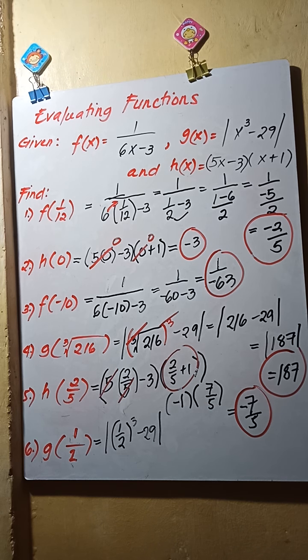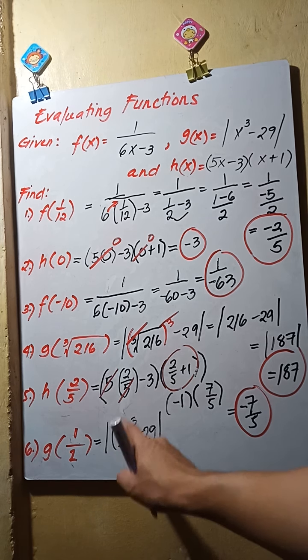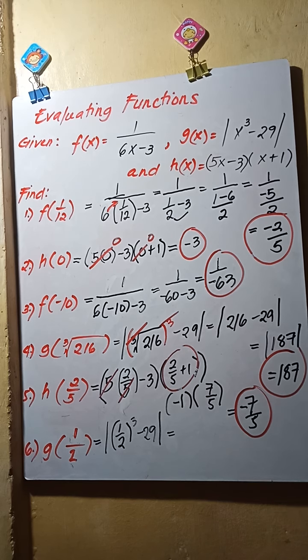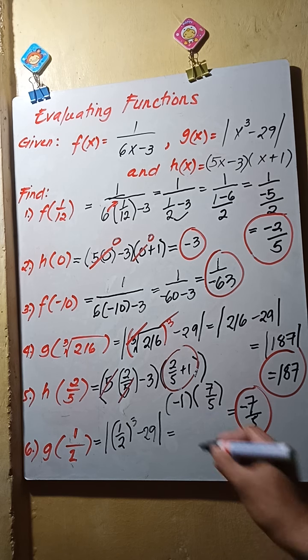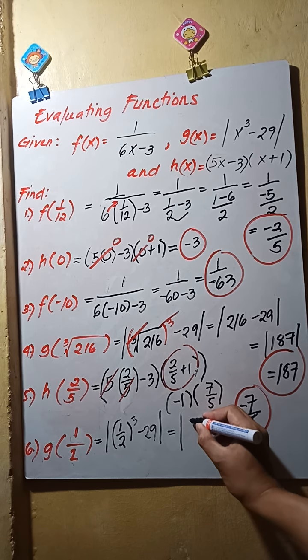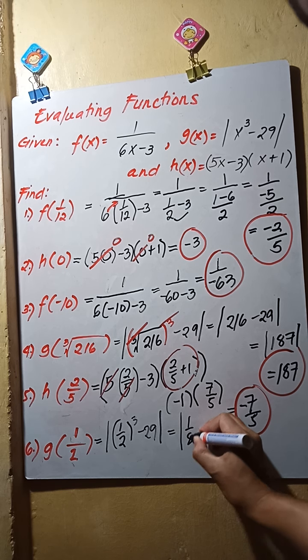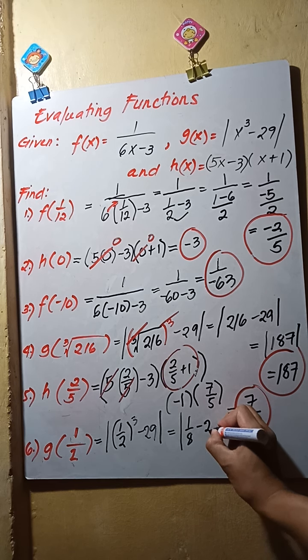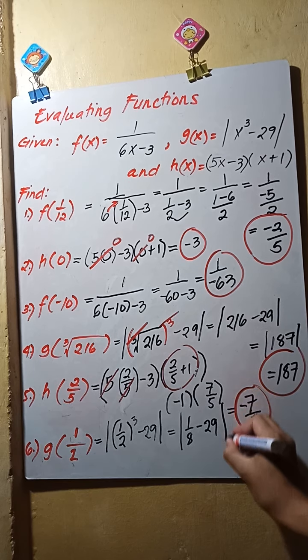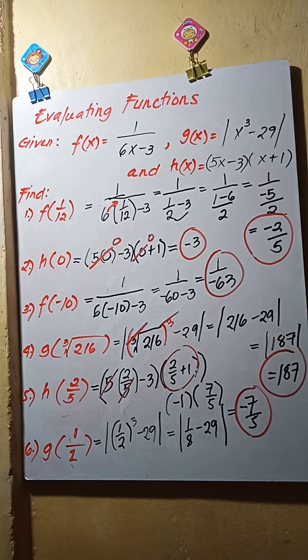So 1 raised to 3 is just 1, 2 raised to 3 is just 8. So the result is 1 over 8 minus 29.